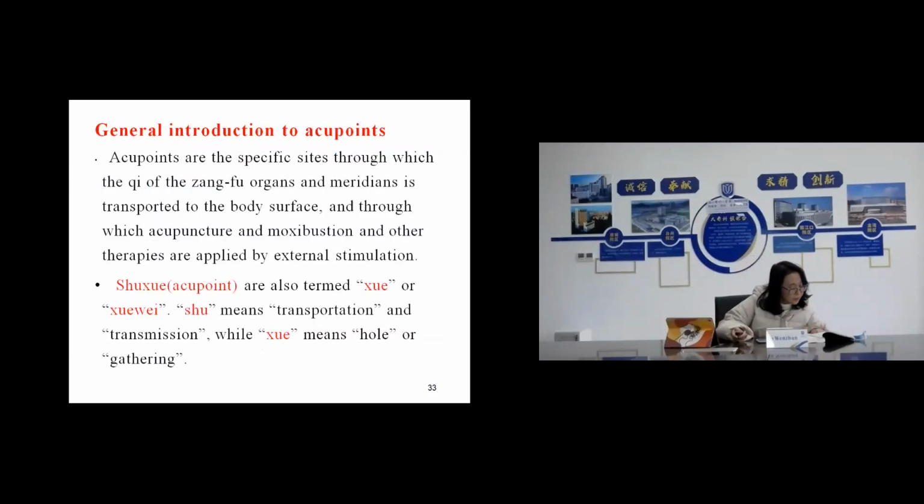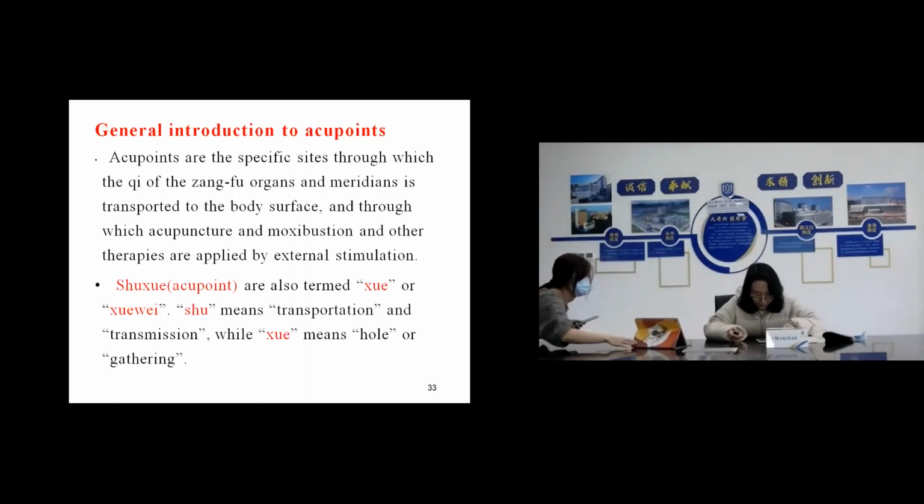Okay, here is the introduction of the meridians and collaterals. Then I will introduce the acupoint. Acupoints are the specific seats through which the qi of the zang organs and the meridians is transported to the body surface.